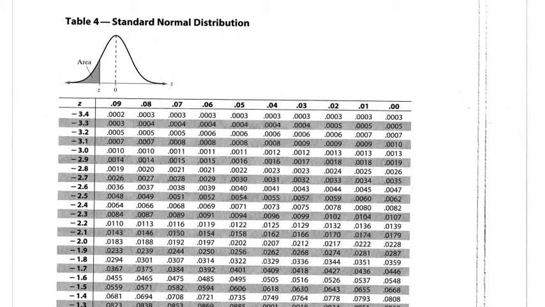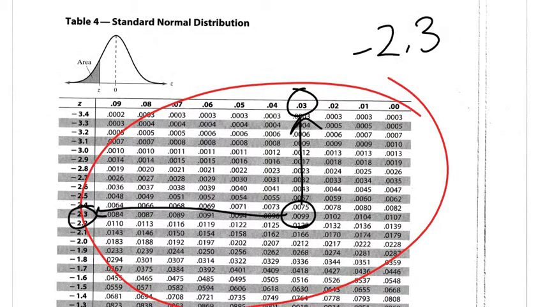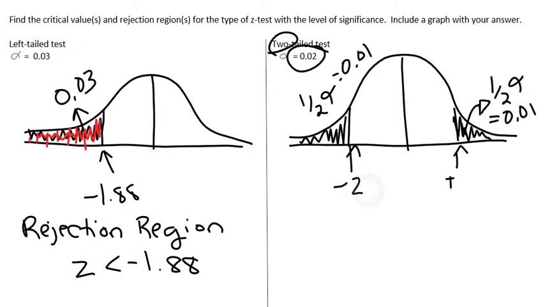Now again, I'm looking in the body, the inside of the table, to find the thing that's closest to 0.01, and that is going to be 0.0099. That is as close as I'm going to get to 0.01. So the corresponding z value is negative 2.33. So one will be negative and one will be positive.